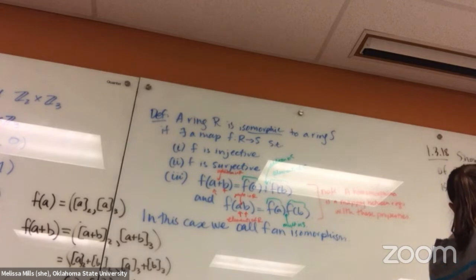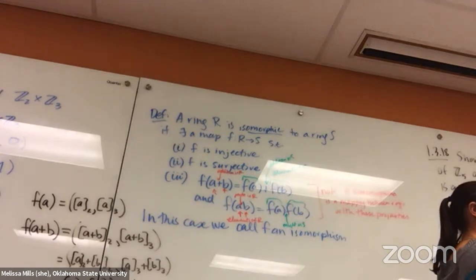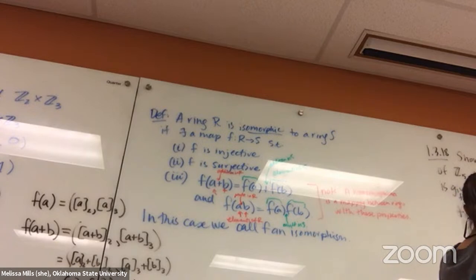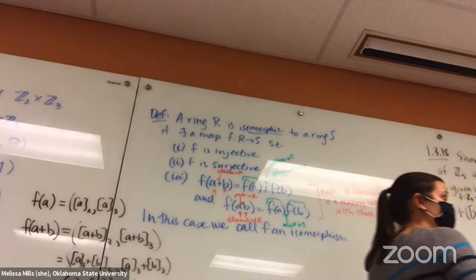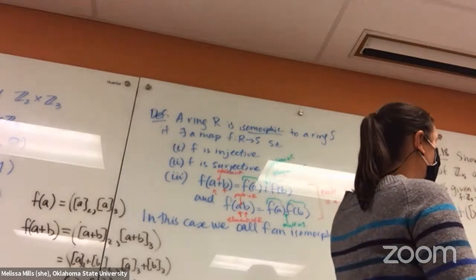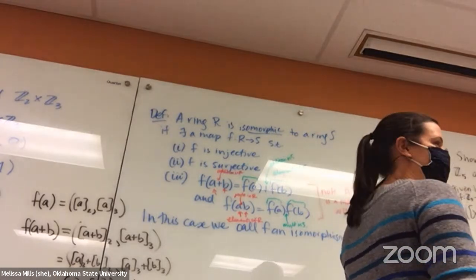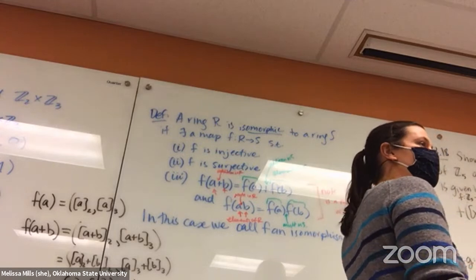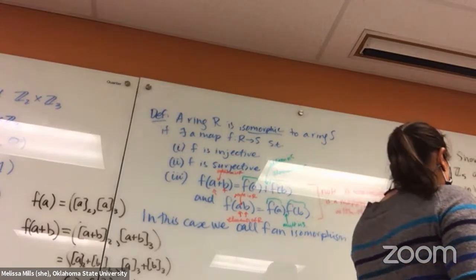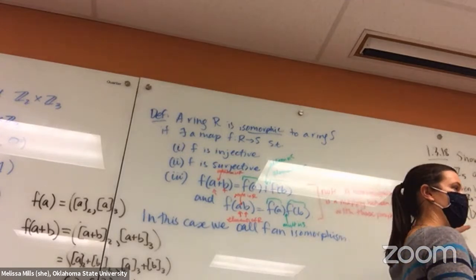So 6 goes to 1, 8 goes to 3, 4 goes to 4, 2 goes to 2. That was the mapping we had done earlier. So this is a mapping going the other direction. We showed that they're both isomorphisms, so you can go back and forth between them. This ends up being an inverse map of that map.